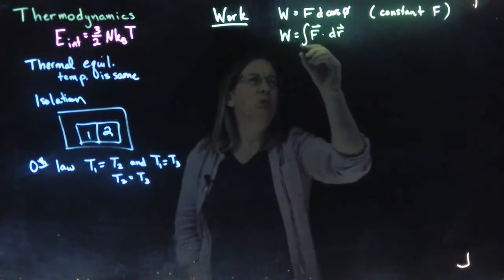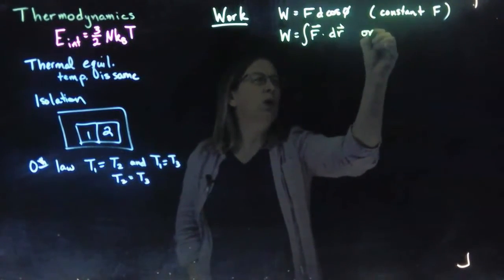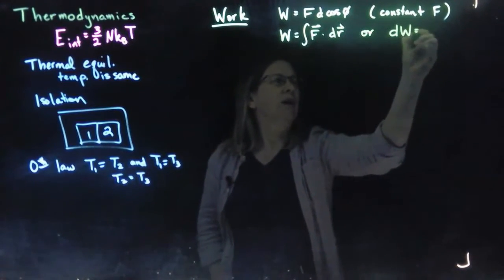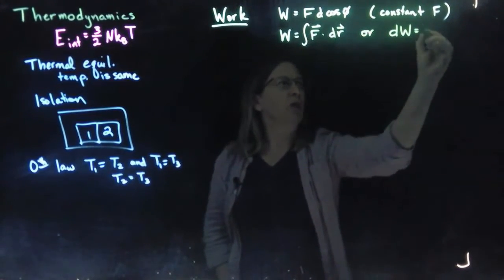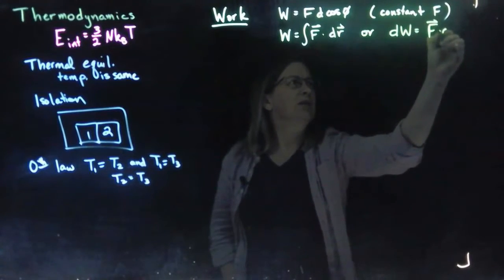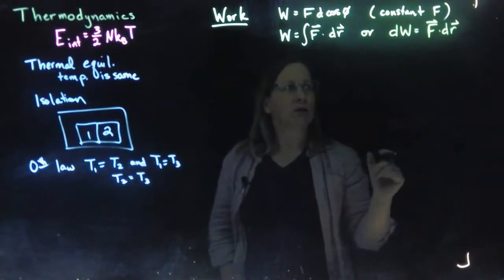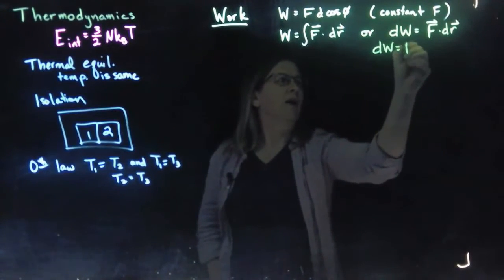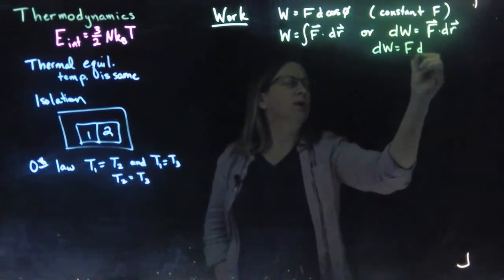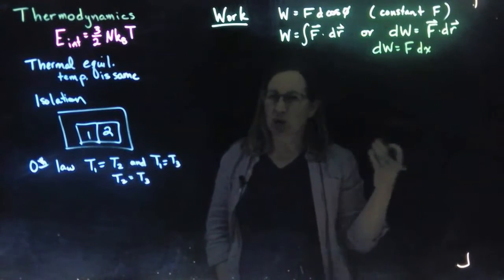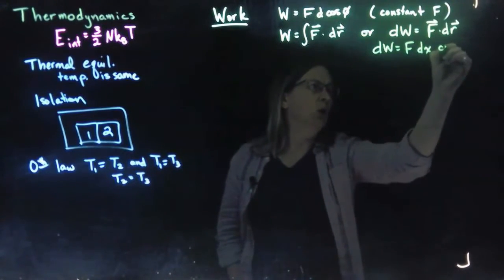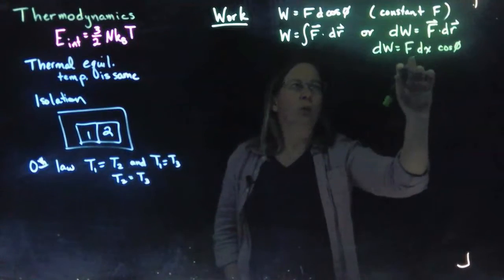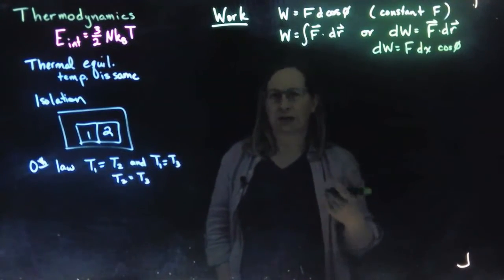So in fact, we can say it looks like this, or a little bit of work, a differential of work is equal to F dot dr, okay? Or we can write it as F times some small displacement, I'm going to call it dx because we're used to doing integrals with x, times cosine of the angle between the force and the displacement.